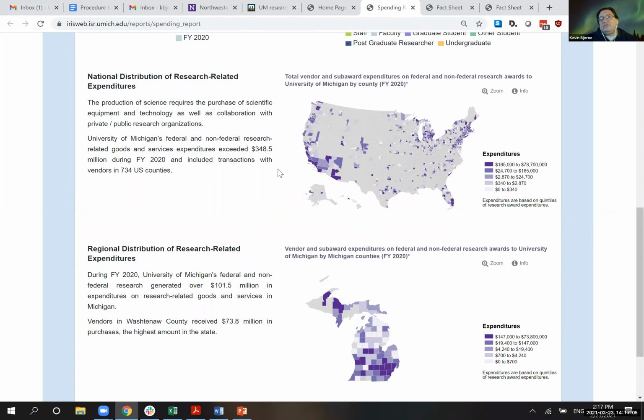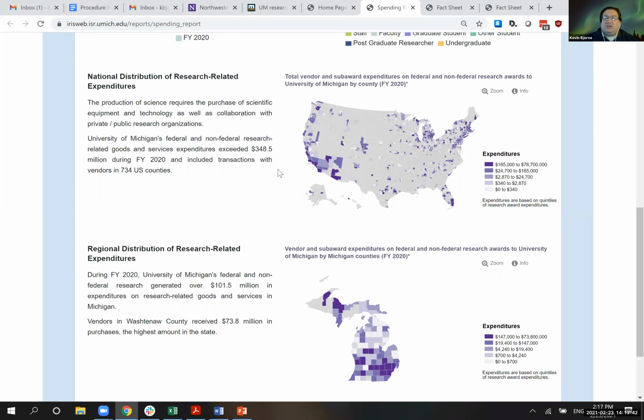This looks at a subset of that money and really focuses in on how money flows from funding agencies to universities and then out into the economy to businesses and organizations that provide the necessary material and support to continue and conduct this research. So again, with these maps, we try to visualize the flow of that money and the quantity of that money that flows out to different counties and states across the country.